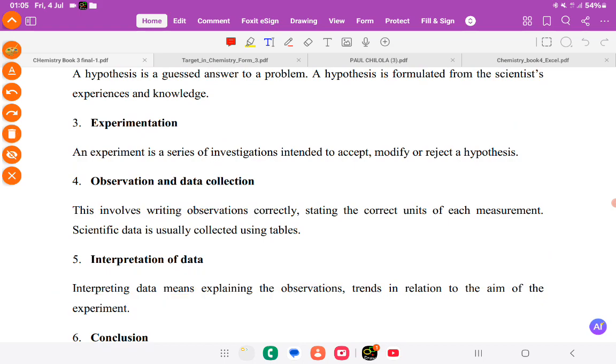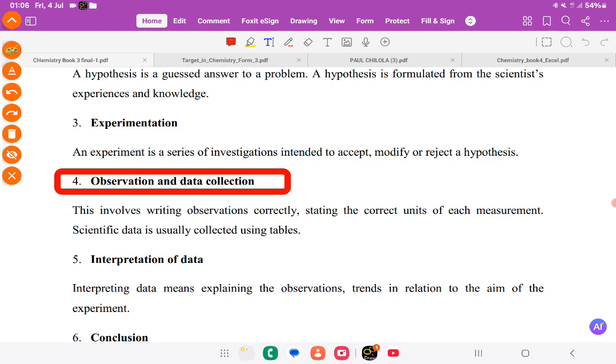You have to make observations, and also collect data. As you carry out the experiment, you observe and record what you are observing. That's called data collection. All right.